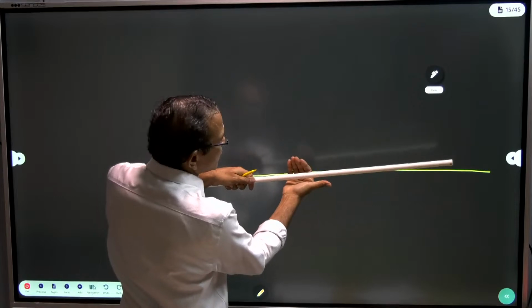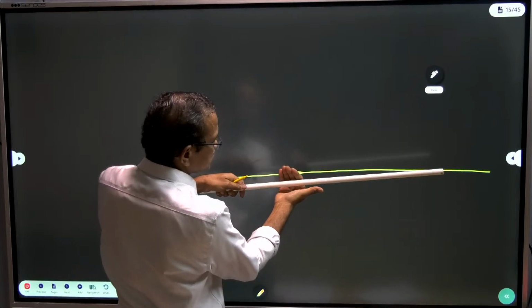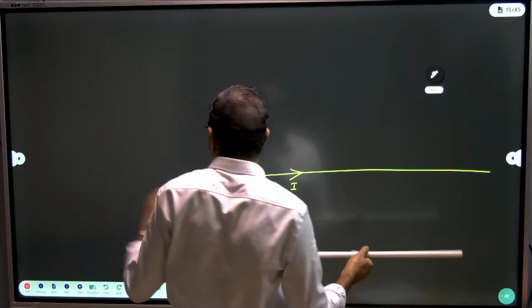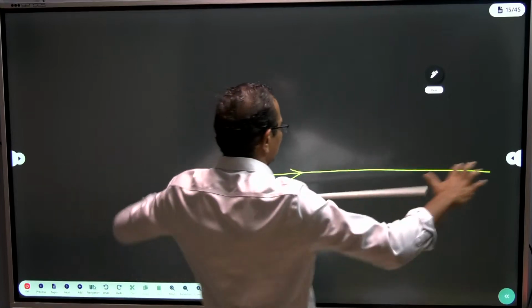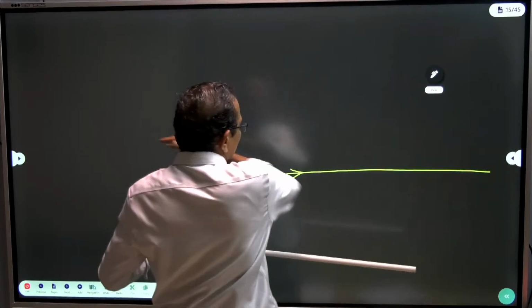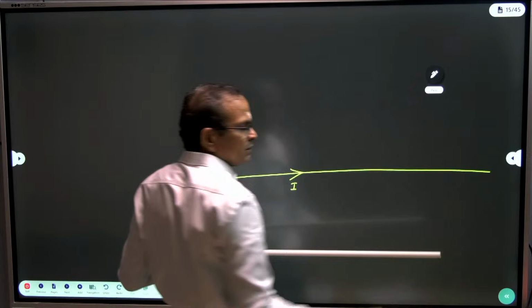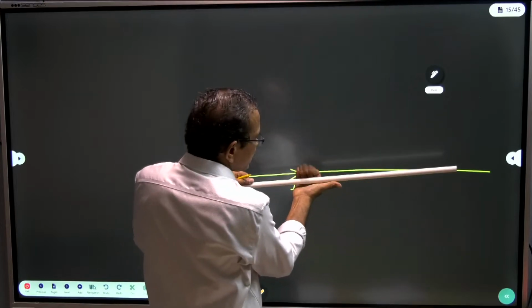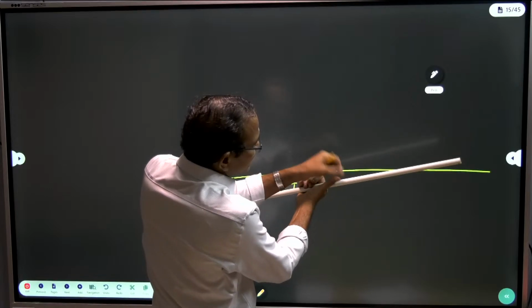Out to north, sir. Don't worry, from my left to right, according to me. I am standing in your position, so for you it is left to right in my blackboard like this, right? Yes, sir. Now hold the wire as if the current is shown by the thumb.